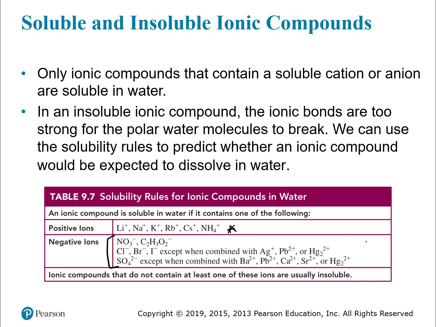They're usually soluble, but if you see silver, lead, or mercury 1, it's not soluble. So those are some exceptions. Likewise, sulfate, usually soluble, but if it's combined with barium, lead 2+, calcium, strontium, or mercury 1, then it's going to be insoluble. If you don't see any of these ions in your ionic compound, then it's likely insoluble.